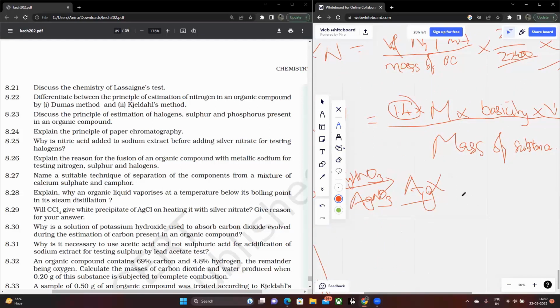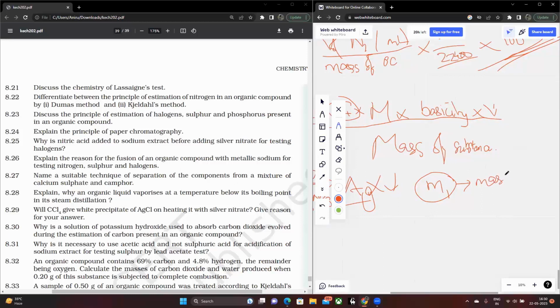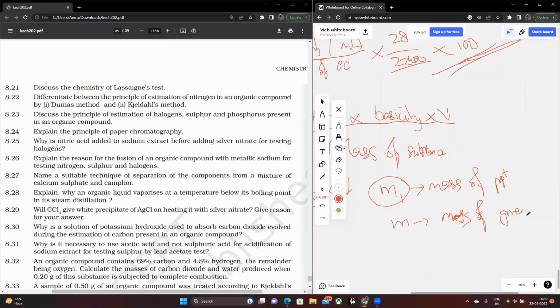And I've already told you how you determine what AgX is based on the precipitate. You collect it, you filter, wash, and dry, and then you measure the mass of AgX. That becomes M1. M1 is the mass of the precipitate. M is the mass of the given organic compound. It's not molar mass, it's the given mass.